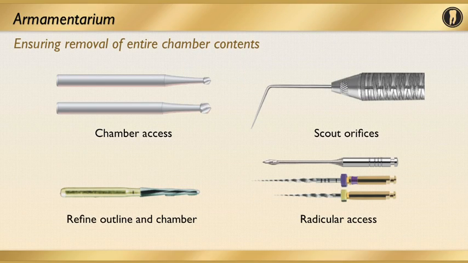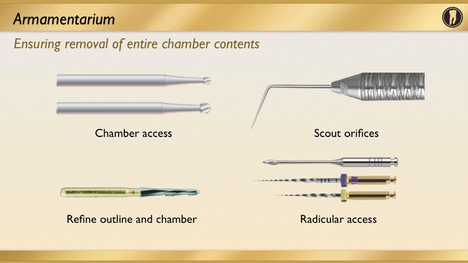You could choose to use a straight access burr, you could choose to use an 1158 rounded tip Fisher burr. It's really whatever you're comfortable with, but it should be in cutting and something that is small enough to not remove excessive tooth structure as to further weaken or indiscriminately remove tooth structure. As we move to the refinement or to the scouting phase, you notice you have a G16 Endodontic Explorer to the right of that.